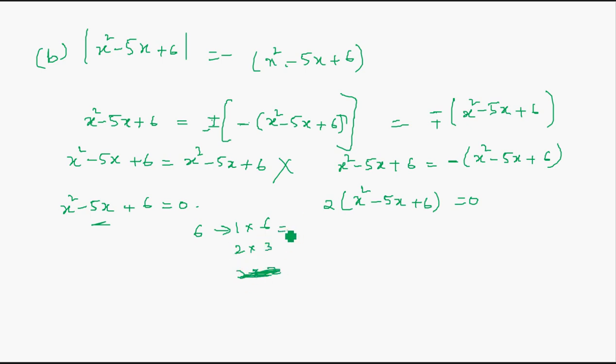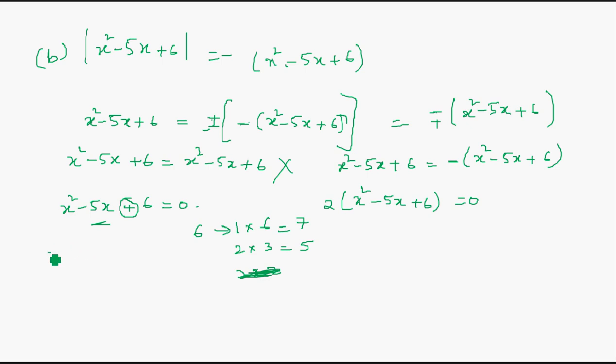Now what is the summation of this? Summation of this is 7. The summation of this is 5. But since here positive sign is there, suppose a negative sign is there, how to solve this? Basically there is a different chapter for that.